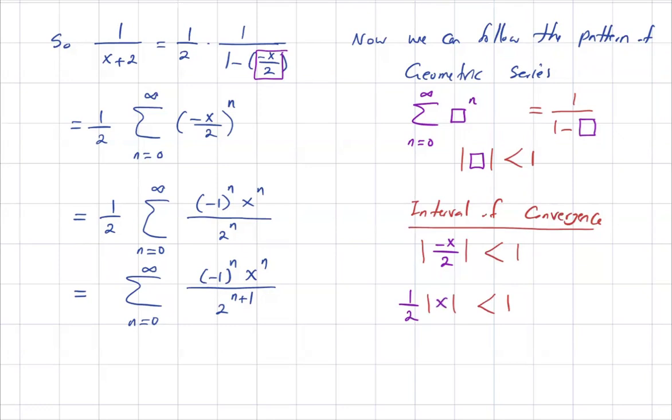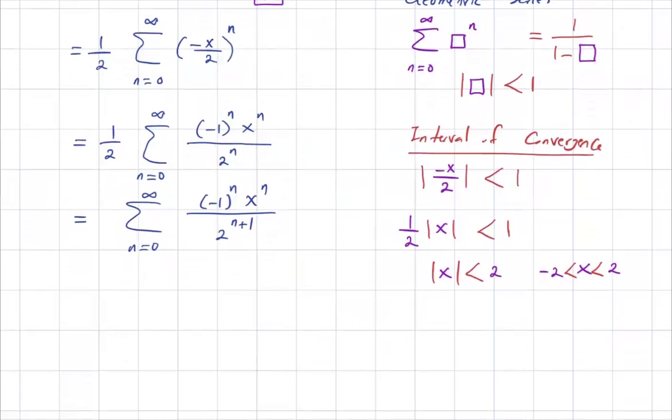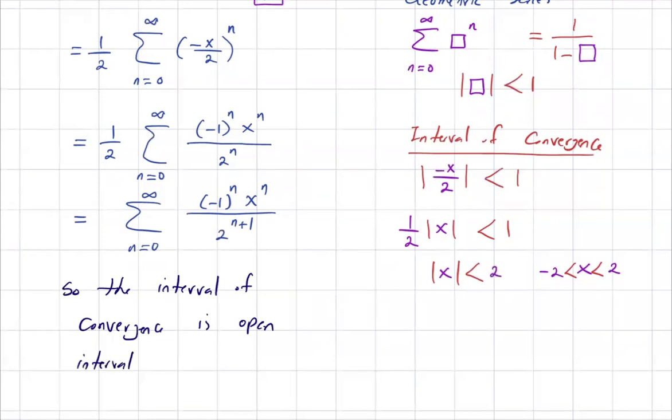If you multiply both sides by 2, you get absolute value of x less than 2, or x is bounded between negative 2 and 2. So the interval of convergence is the open interval negative 2 to 2.